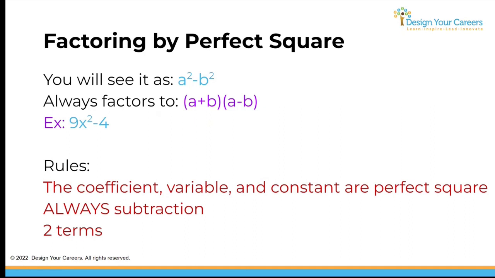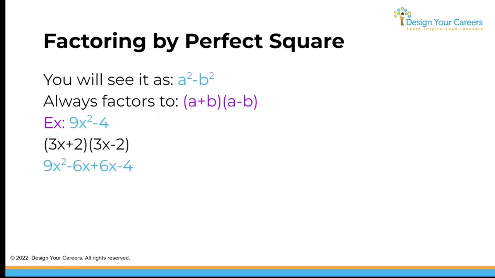So let's now practice using this technique. I used the same example from last time, and we're just going to factor this. The trickiest part to this method is probably ensuring that you can actually use factoring by perfect squares for a certain quadratic, that it checks all those rules. After you identify that, it's pretty easy because you just have to memorize this formula.